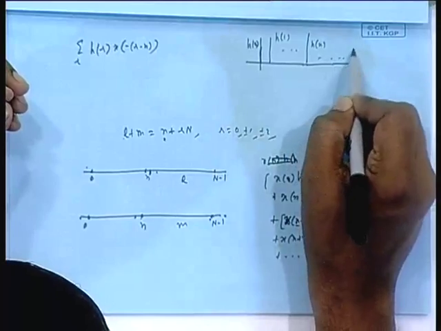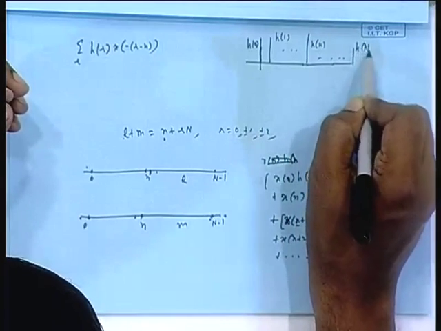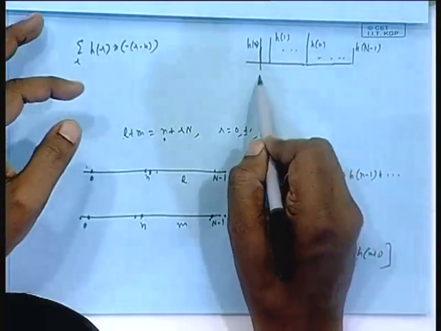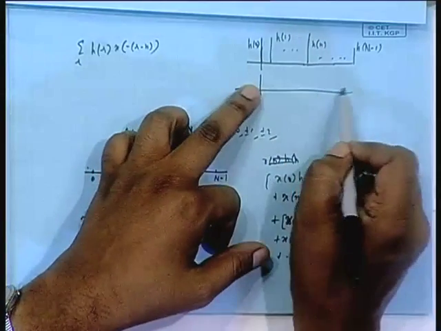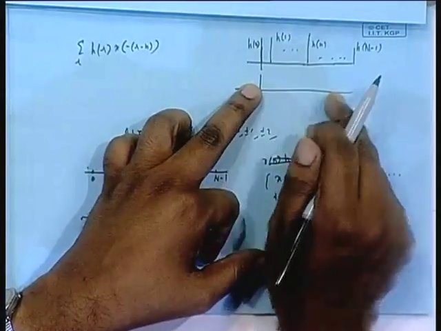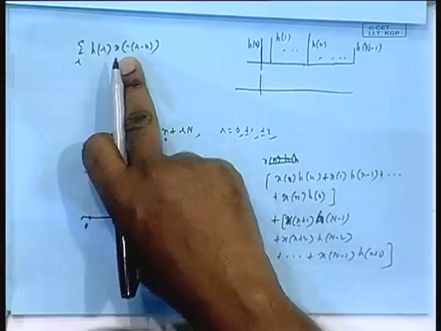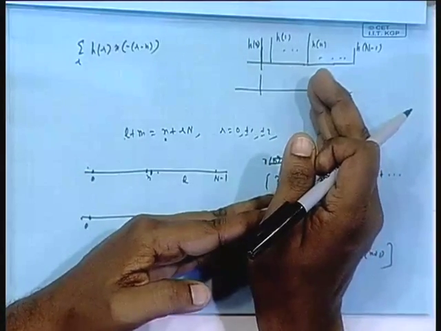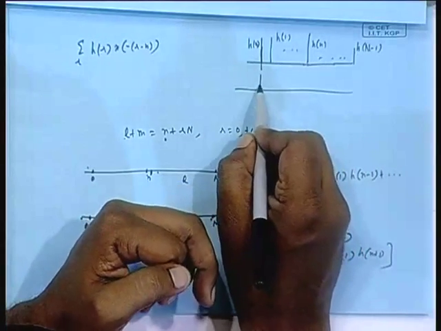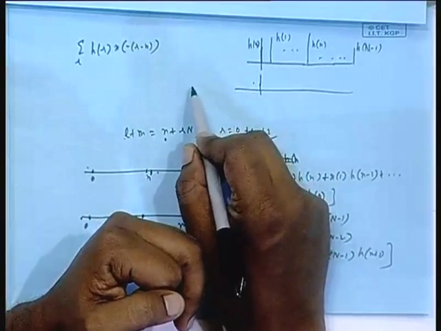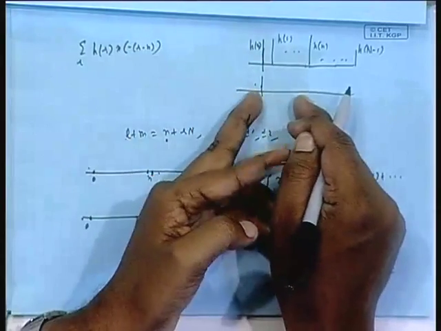dot dot dot h n minus 1, fine. X also was a sequence like this from here to here. First you reverse it because it is minus, and then shift it by small n. If you reverse it, x 0, x 1, x 2 dot dot dot on this side, and then you shift it to the right by small n.